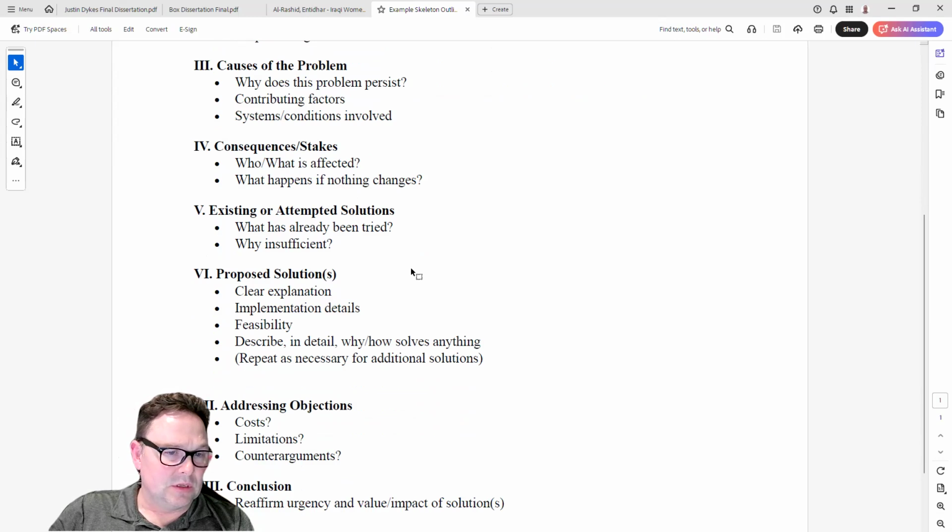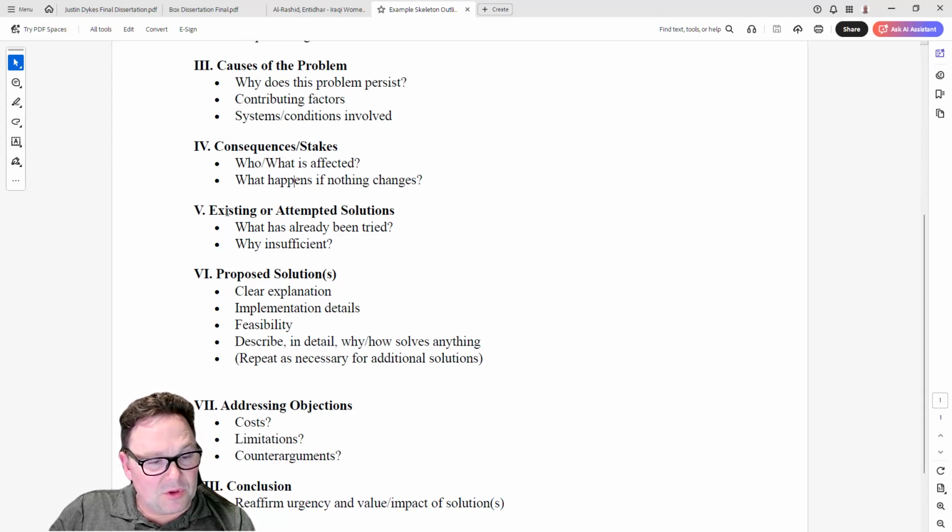One way of beginning to talk about your solutions, to move on to another section here, is by demonstrating for your reader what is already on the table, what's already being tried. Maybe there are some solutions addressing your problem, and maybe they're even working to an extent. But the way that you see it, maybe they're insufficient. Maybe something else needs to be done.